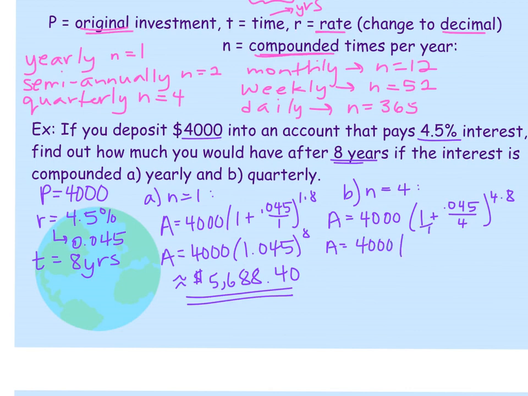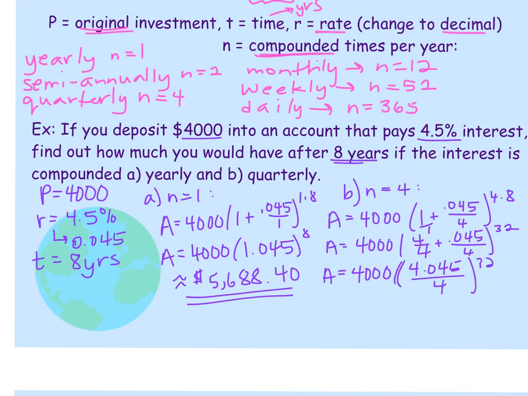A common denominator of 1 and 4 is just 4. I'm trying to keep everything exact until we're ready to enter it on our calculator. 4 times 8 for our exponent, that would be 32. All right, so I think we're almost ready. If we keep our 4,000 on the outside, 4 plus 0.045 would be 4.045 over 4 to the 32.